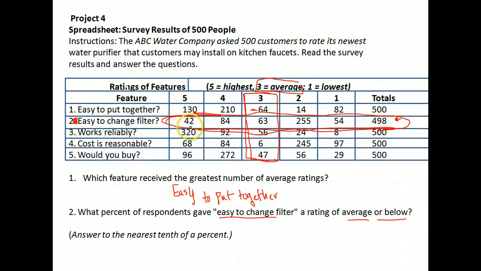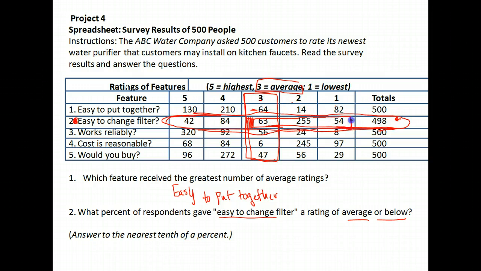Okay, so 42 gave it the highest rating, 54 gave it the lowest rating. It wants to know what percent gave it a rating of average or below. Again, a rating of average is a 3 and anything below that, so we are talking about anything in this direction.